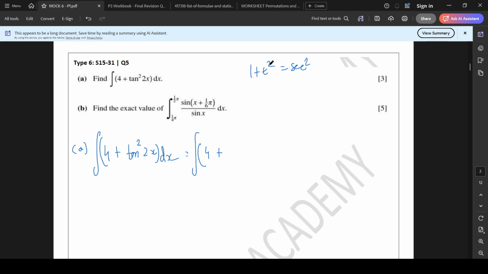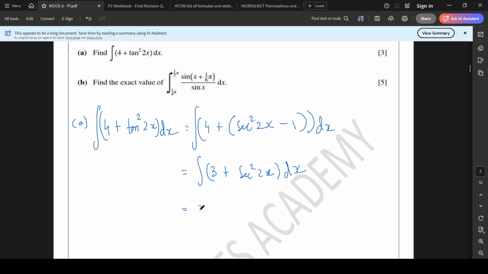So if I want to make tan square the subject, it will become sec square minus 1. Okay. So I can write sec square 2x minus 1 over here and then it is dx. So 4 minus 1 is 3. So 3 plus sec square 2x is what we are supposed to integrate over here.